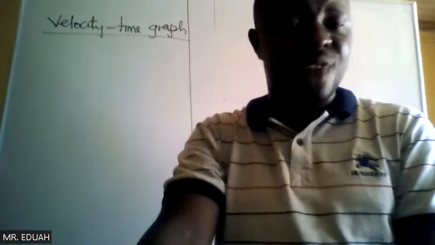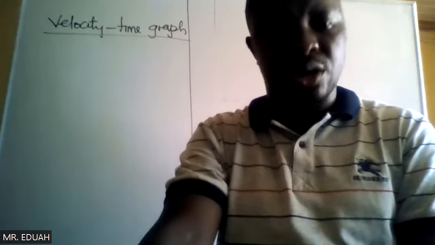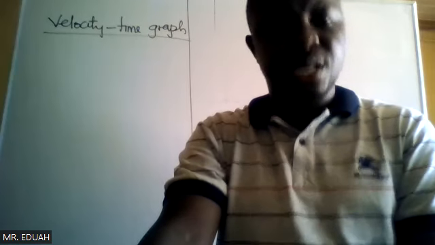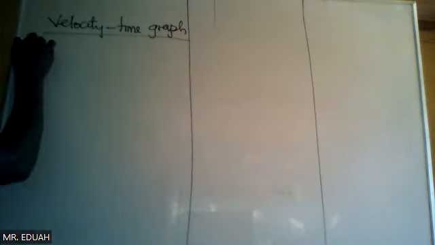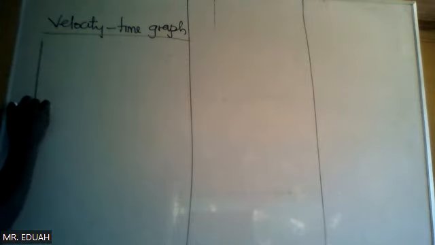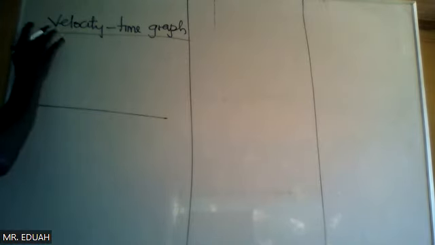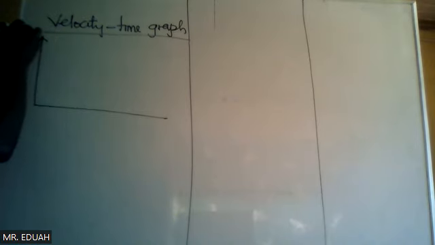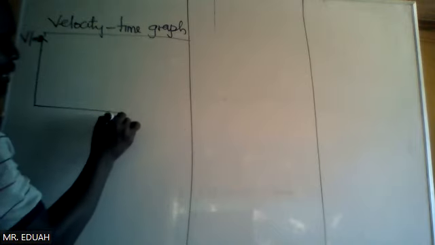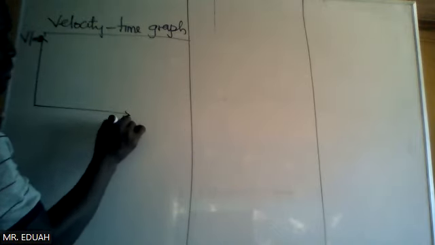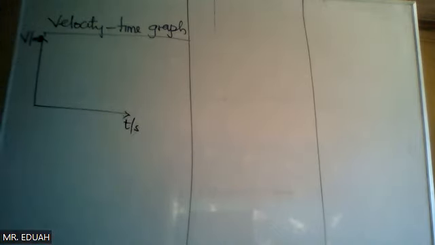Then the dependent variable, which is the speed or the velocity of the body, is always along the vertical. So velocity slash its units, and time slash its units.